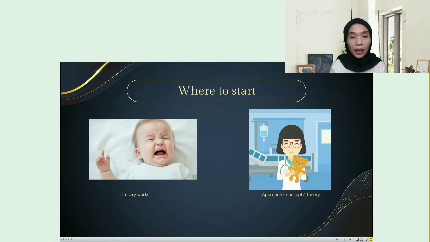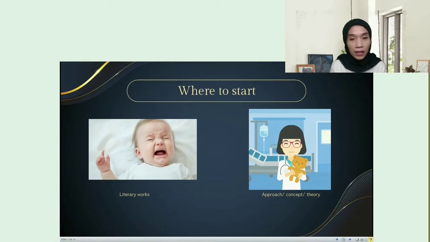As you can see here, I put two pictures. On the left, it's a baby crying, and on the right, it's a doctor. So in literary analysis, what you need to do first is to find the literary work. You need to decide what kind of literary work you want to analyze, of course, by reading it many times, in order for you to depict what kind of social issue or problem is portrayed in the literary work.